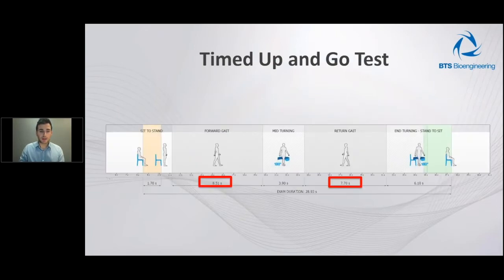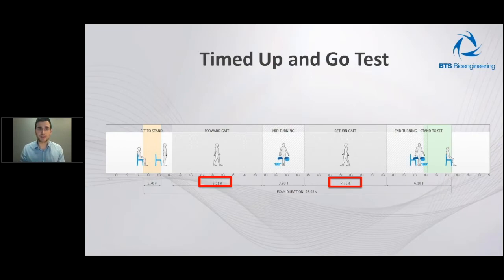Now, it's immediately possible to see that, in percentage of the total duration of the examination, the forward gait and the return gait have a long duration. So this patient has a particular problem during the walk phases.